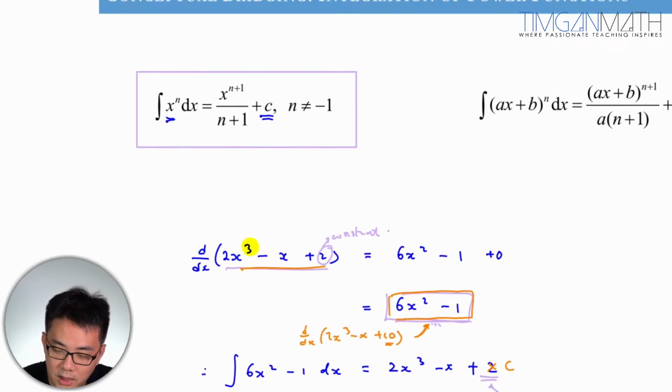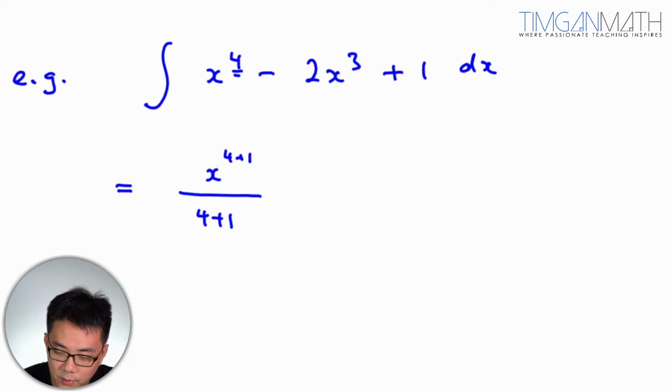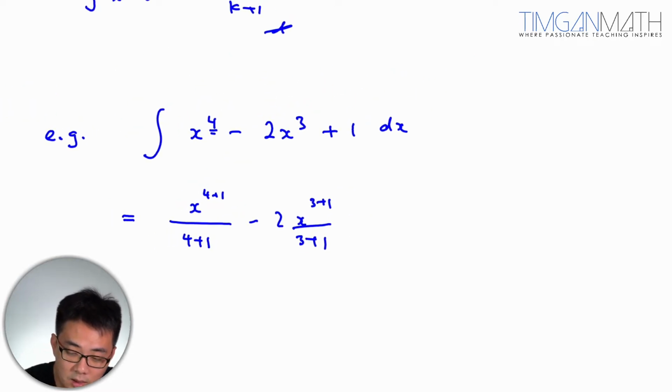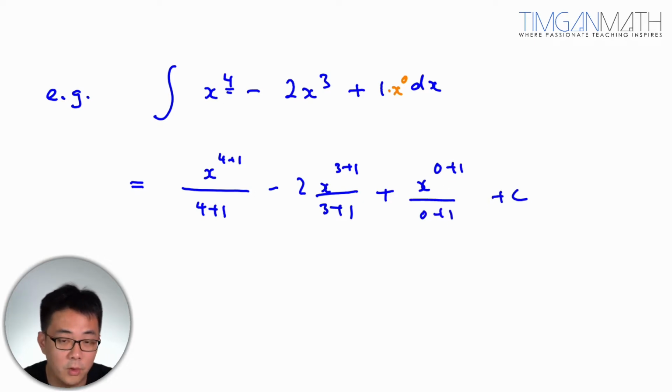So it's a formula here. You just add and divide by it. For this case here, it will be 2x cubed plus 1 over 3 plus 1. Now this 1 here is a bit tricky. This is actually x to the power 0. So just remember that this will be x to the power 0 plus 1 over 0 plus 1, plus c, overall plus c.